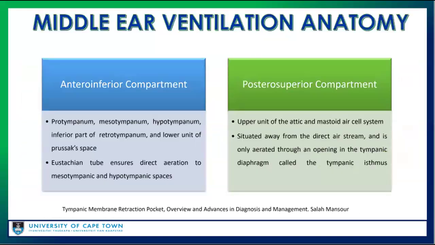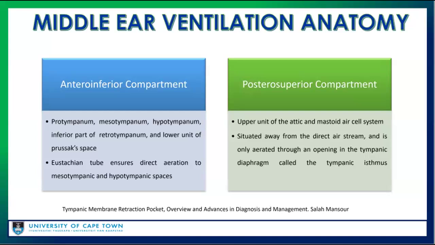Before we delve into the pathophysiology of retraction pockets, one must have an understanding of the middle ear ventilation anatomy. The tympanic diaphragm divides the middle ear into two compartments: the anterior inferior compartment and the posterior superior compartment.